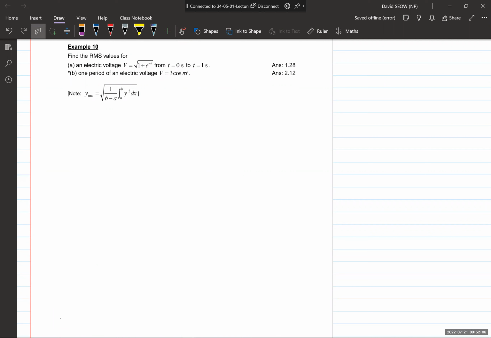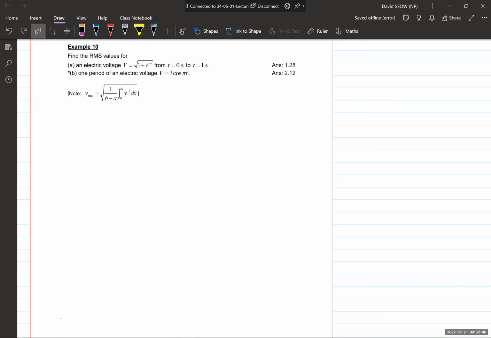In this case, the voltage is exponential, so it will be a capacitance voltage, the voltage reduction due to the current discharge in the capacitor. We are to find the voltage RMS value from t equals 0 to 1. In the end, this will help us ascertain the power enabled by the capacitor over the 1 second period.